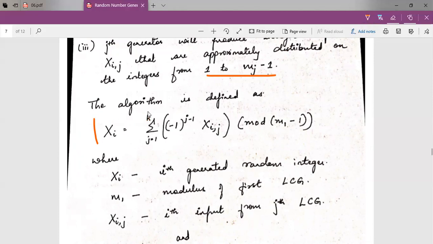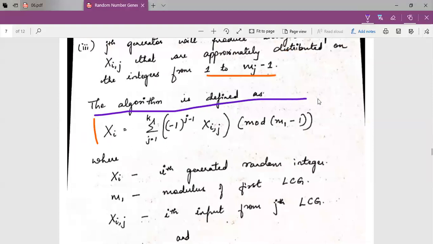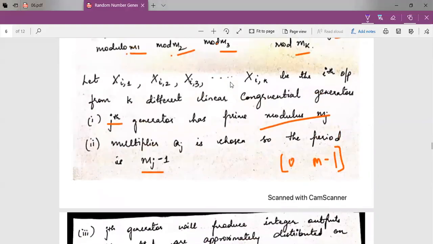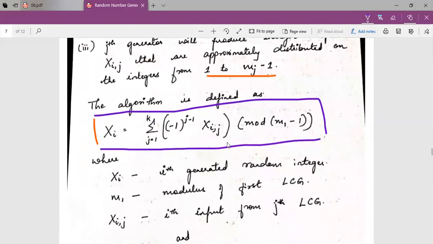This is the algorithm that we are going to consider. It is defined as Xi equals the summation from j equals 1 to k, where k is the number of generators, of (-1)^(j-1) times X(i,j), modulus m1 minus 1. There is no value of c because we have considered multiplicative congruential generators.